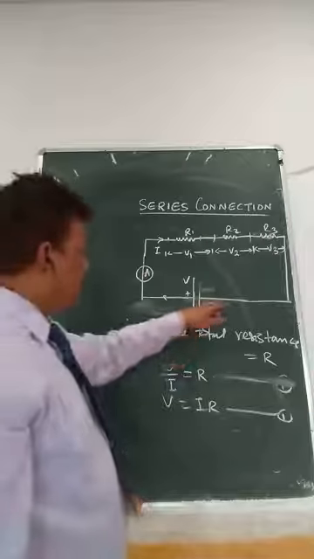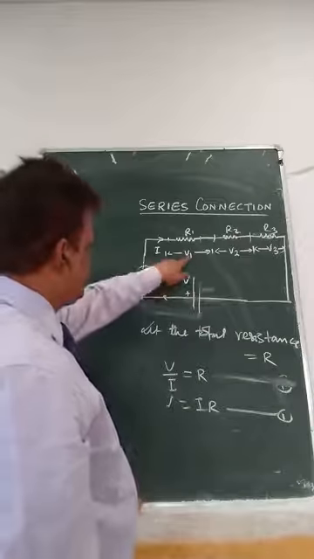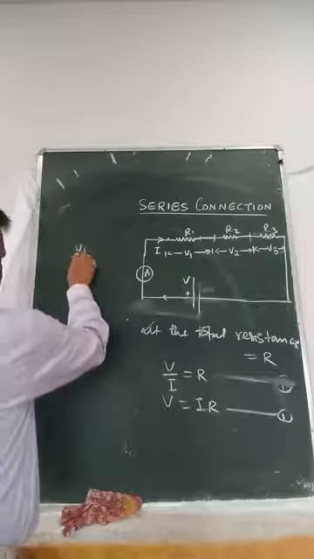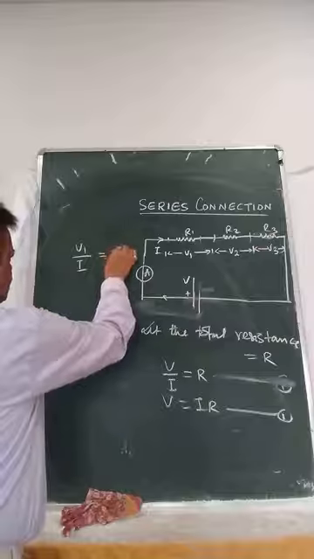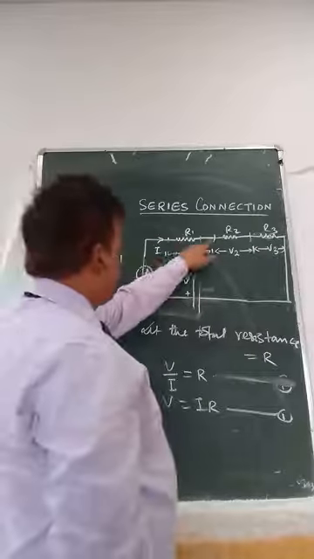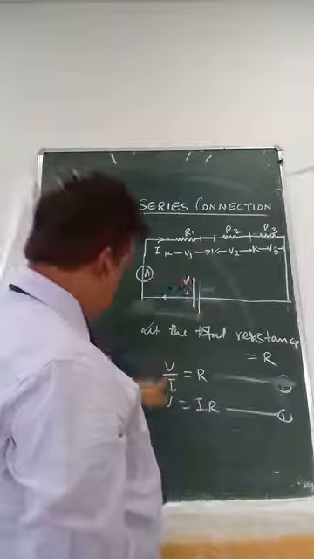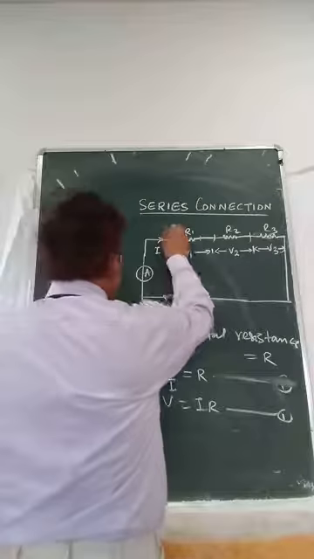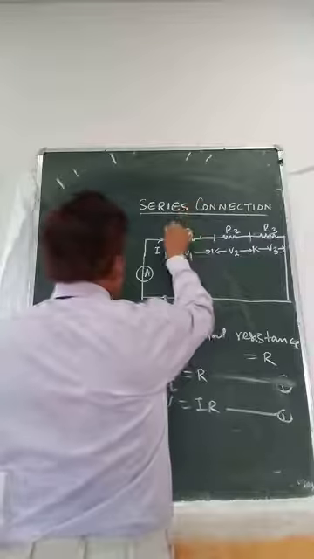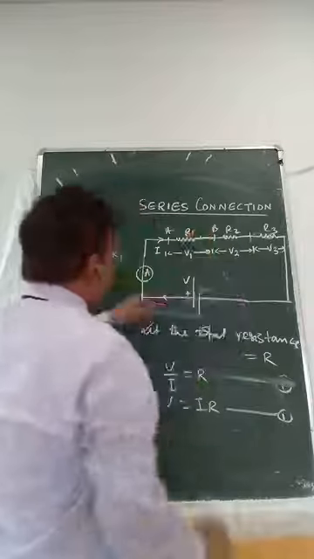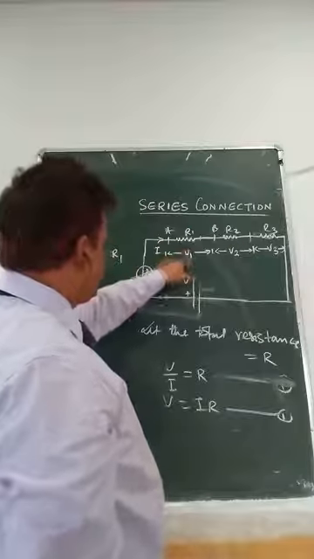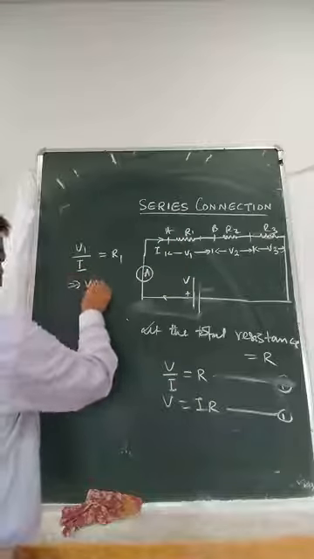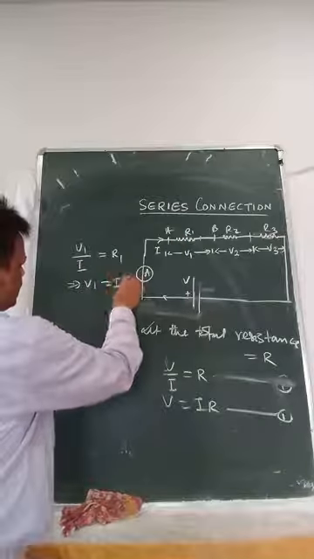Now the other parts. Similarly, V1 by I equals R1, for the part between A and B. That gives you V1 equals IR1.